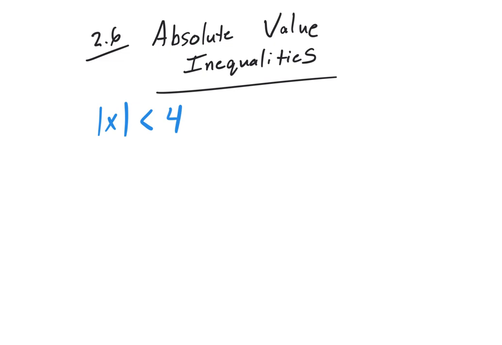The first one that I'm going to write out, and I don't necessarily need to rewrite the absolute value in there, I'm just going to say x is less than 4. Write it exactly the same way without the absolute value. The second one, kind of like we did yesterday, we're going to make it negative.